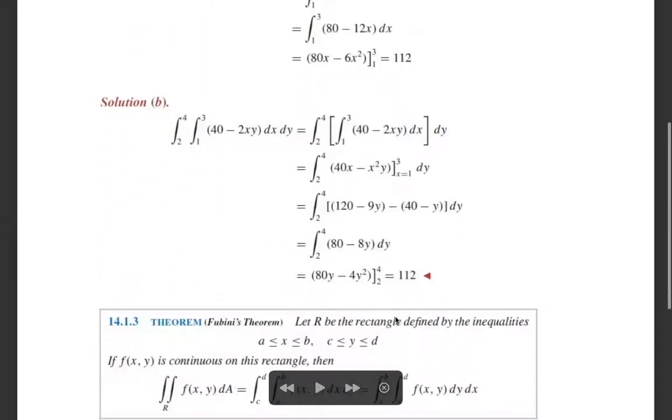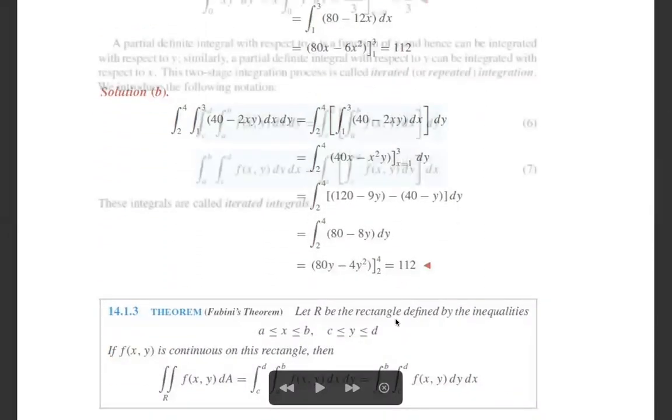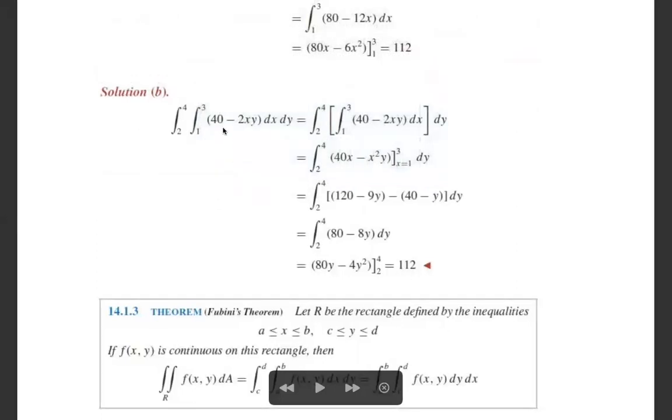Similarly, integral from 2 to 4, 1 to 3, 40 minus 2xy dx dy. First integrate the function with respect to x, treating y as a constant function. So 40x minus x square into y, x square by 2 into 2, the 2 cancels.